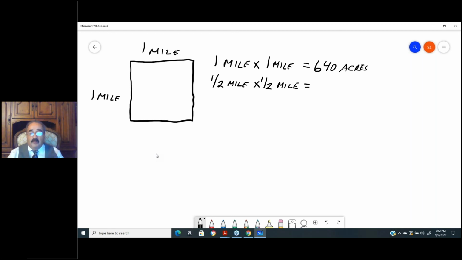So a 1 mile by 1 mile contains 640 acres. Then a half mile by half mile contains how many acres? Let's see what you have.